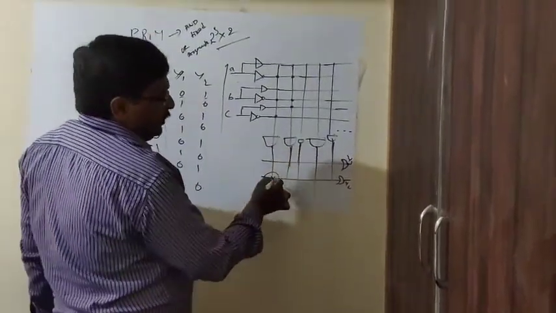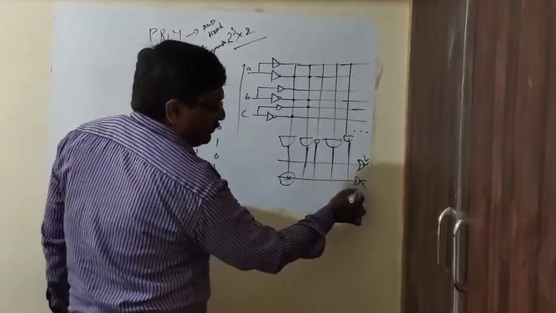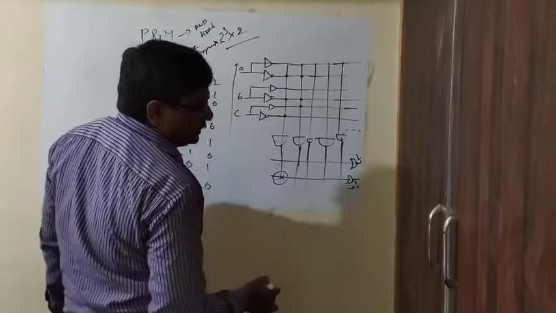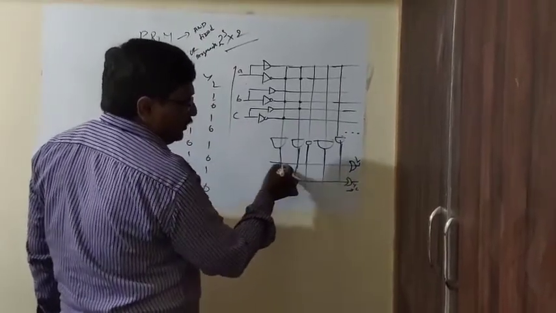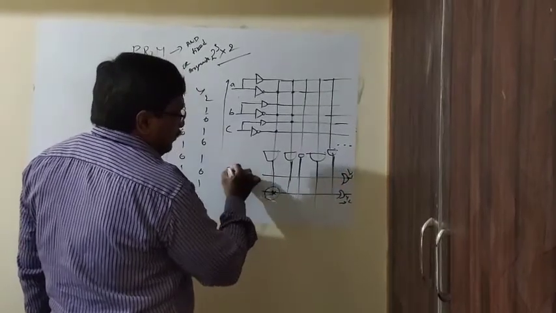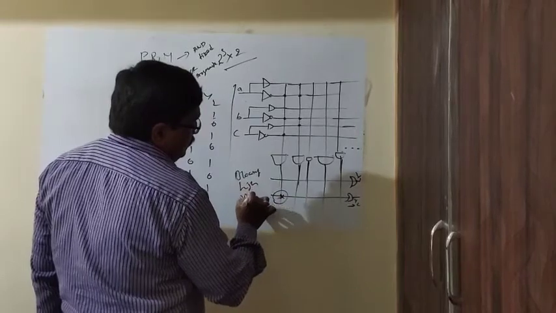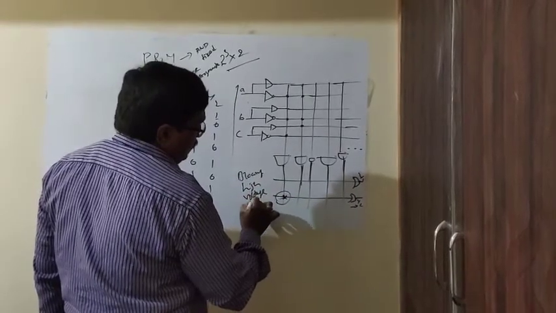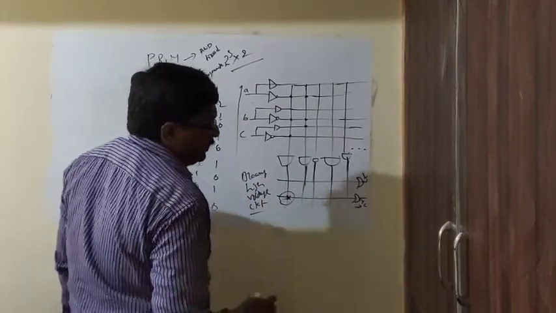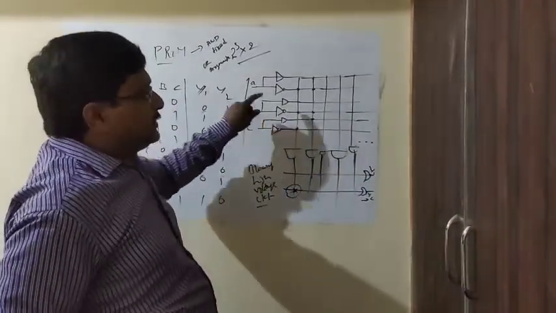In this manner, you can fuse the device where the connection is required to generate the desired function, and where not required, no fuse will be connected, just by removing the fuse by blowing high voltage to the circuit. So in this manner, we can design the PROM by using AND gates and OR gates.